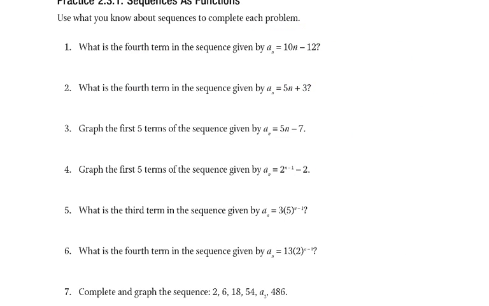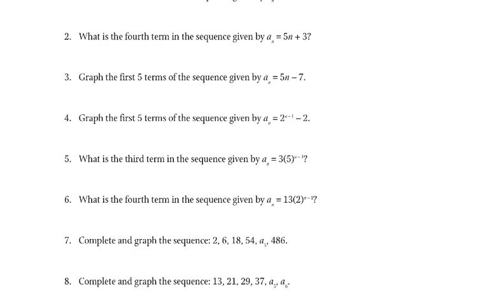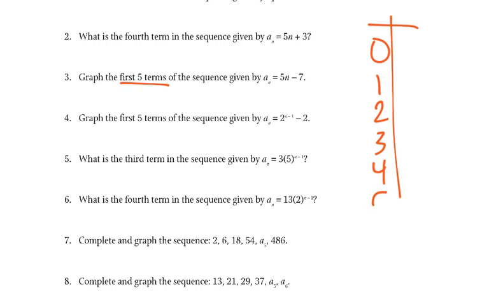Now the next two are wanting us to graph the first 5 terms. So we need to figure out the first 5 terms. Often when they say the first 5 terms, they would mean not counting the zero term. But looking at our equation the way they wrote it, a sub n equals our common difference times n plus our zero term.